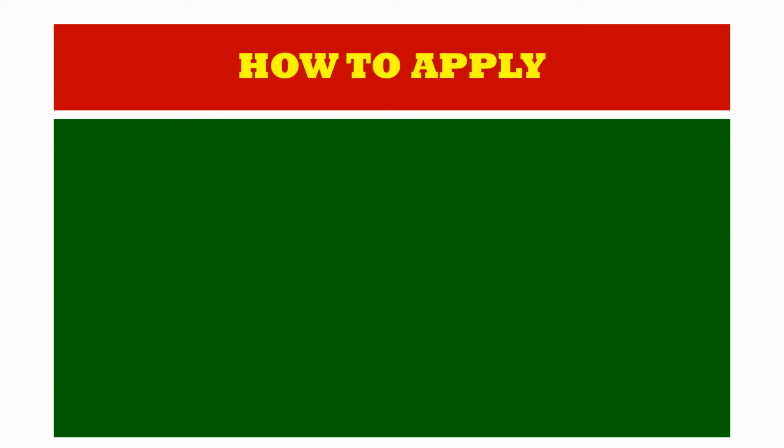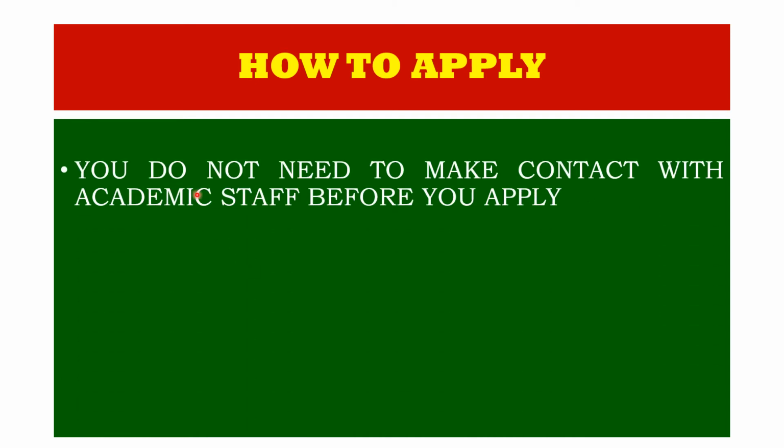Now, how to apply? This is one of the important questions among students. There is one important thing you need to take care of: before applying here, you need to ensure that you are not in touch with academic staff. If you are in touch with any academic staff, then you will not be eligible to apply here.